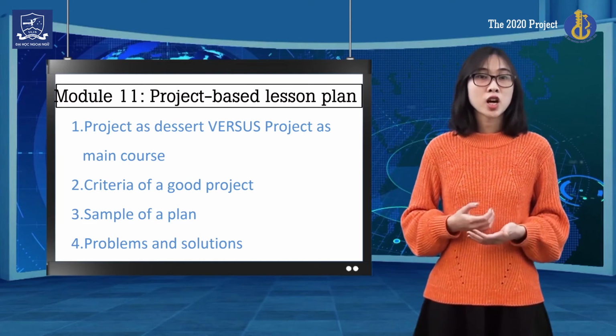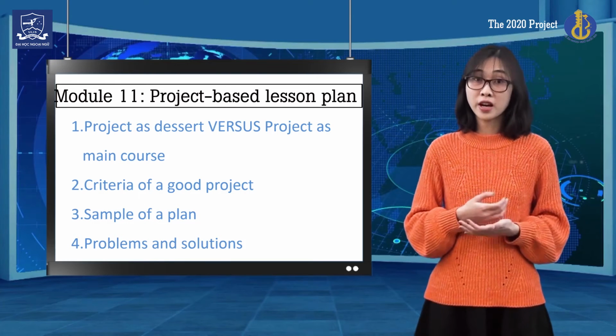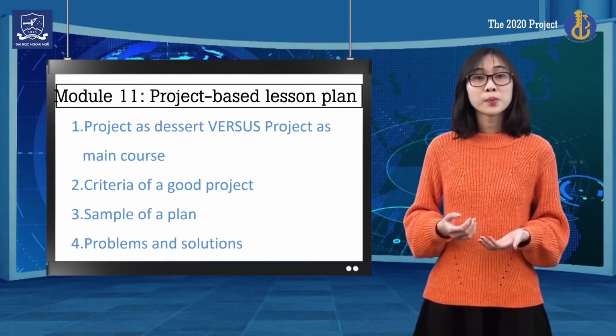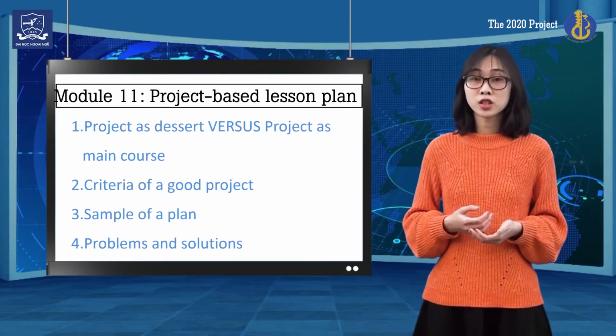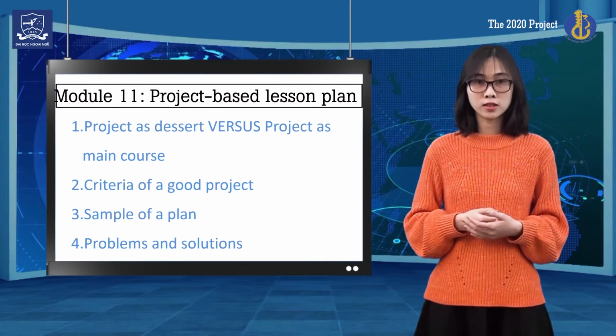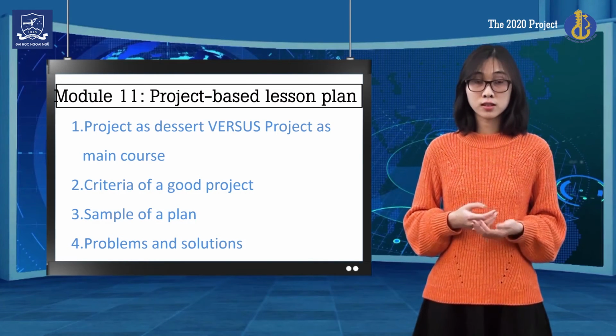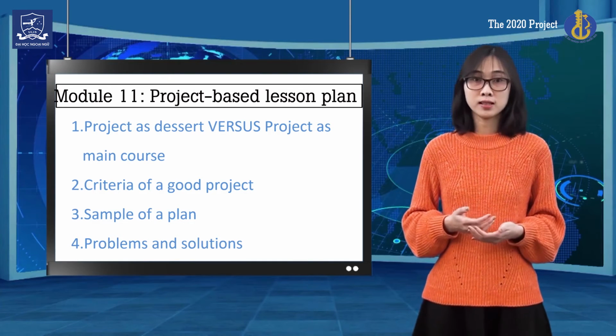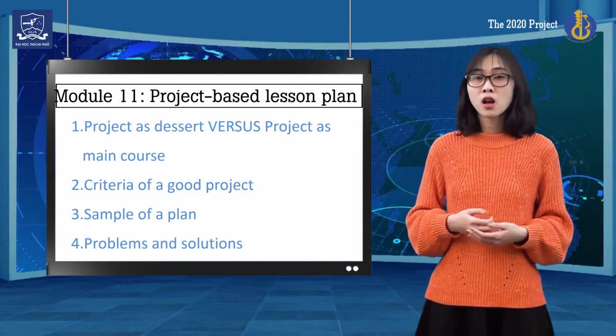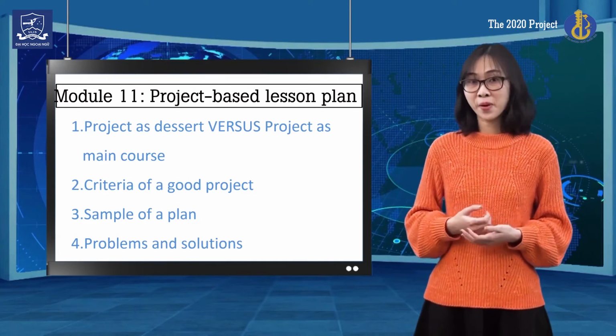Number 5, chances to make some decision by students. Number 6, constant reflection of teachers and students. Number 7, constant feedback for students. And the last one, number 8, students' presentation of their final products in public.